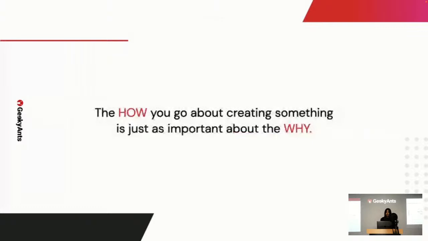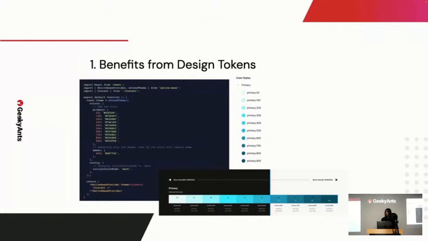Now, here we need to educate ourselves to understand that how you go about creating something is just as important as the why. A design system consists of a lot of elements, and each of the elements is important and serves some kind of benefit to the entire team. So, for example, design tokens give a common language for designers as well as developers and help them be on the same page.